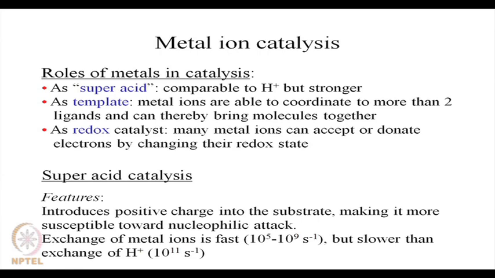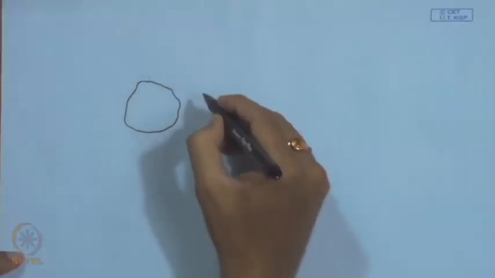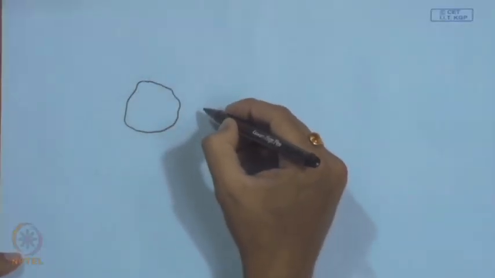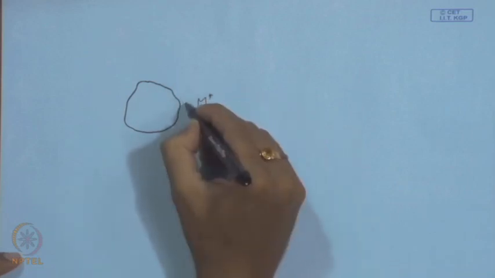Now, what are the features of superacid catalysis? It introduces positive charge into the substrate, making it more susceptible towards nucleophilic attack. Suppose you have an entity and suppose this metal ion, M plus, binds to it.